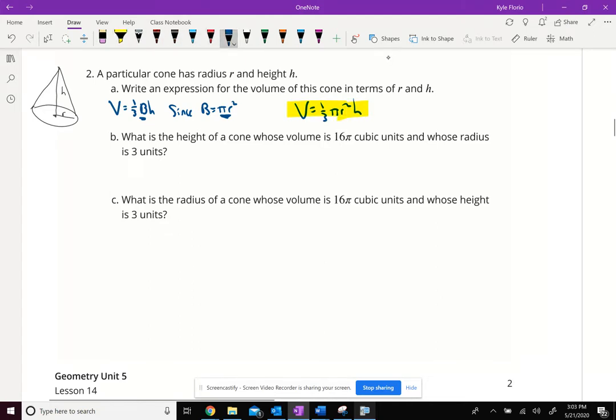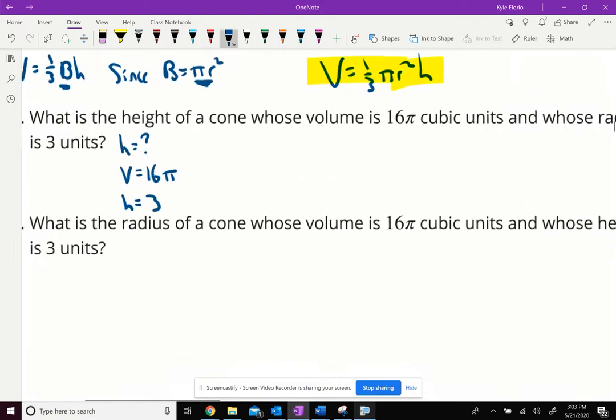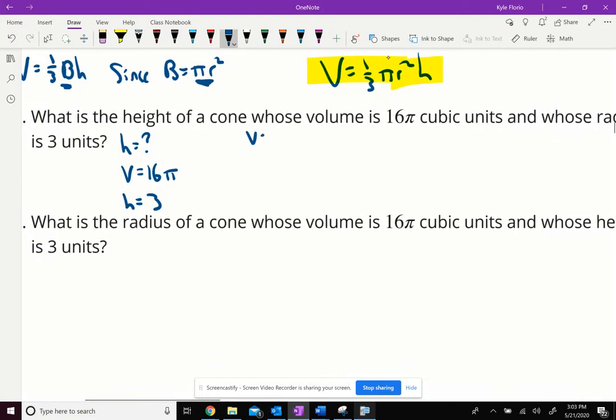Part B, what is the height of a cone whose volume is 16 pi cubic units and whose radius is 3? So we're trying to find the height. We know the volume is 16 pi and the radius is 3 units. So I'm going to rewrite this formula we have over here highlighted, 1/3 pi r squared h, and just plug in what we know.